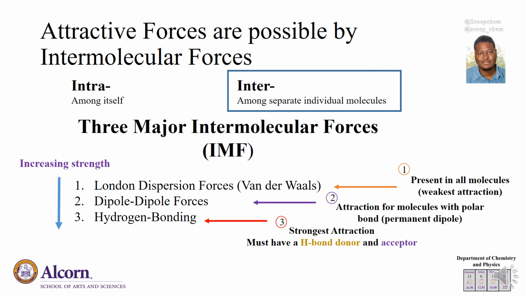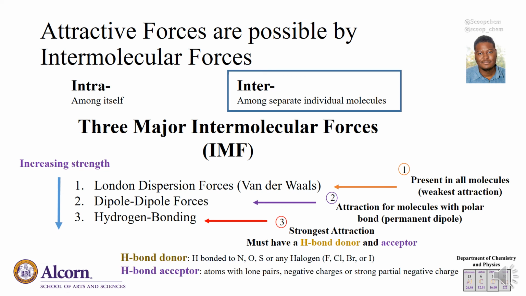All right. And to have hydrogen bonding, I have to have a unique scenario. I have to have a hydrogen bond donor and acceptor. All right. So a hydrogen bond donor is really a hydrogen that's attached to an extremely electronegative atom. All right. And these atoms are typically nitrogen, oxygen, sulfur, or any halogen. And don't forget the halogens are group 17 in the periodic table, so that can be fluorine, chlorine, bromine, or iodine.